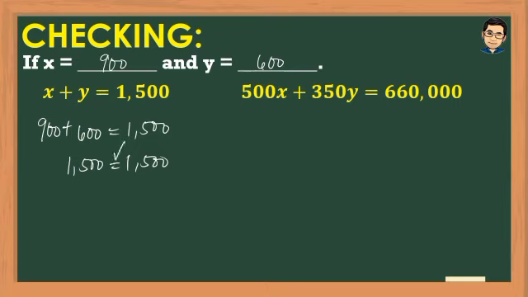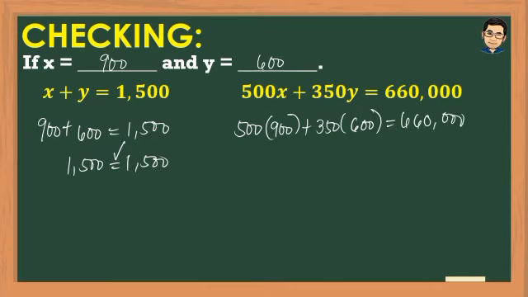So, that is correct. For the second equation, 500 times 900 plus 350 times 600 equals 660,000.